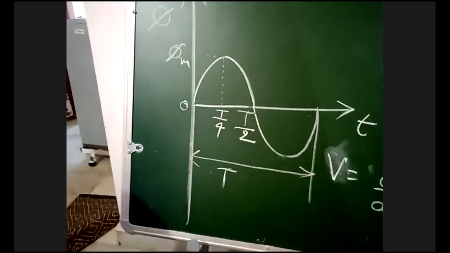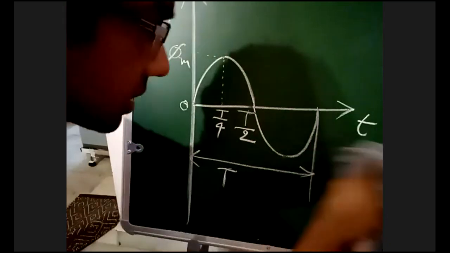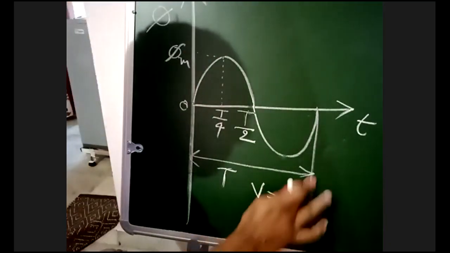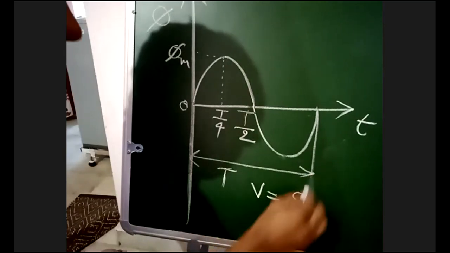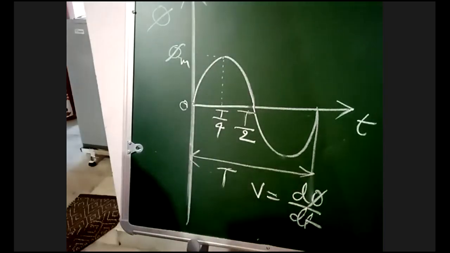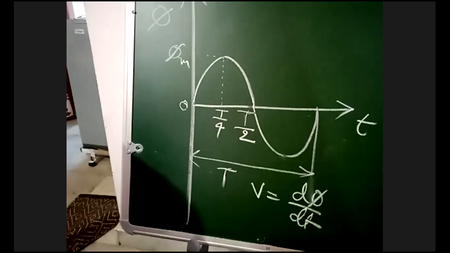One minute, I'll write here. V is equal to N into d phi by dt. I'll take N later because we have two windings here: N1 for the primary winding and N2 for the secondary winding. That's why I'm not taking N here. I'm taking only voltage, V is equal to d phi by dt.